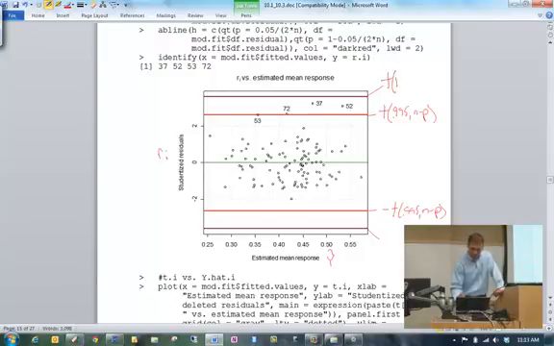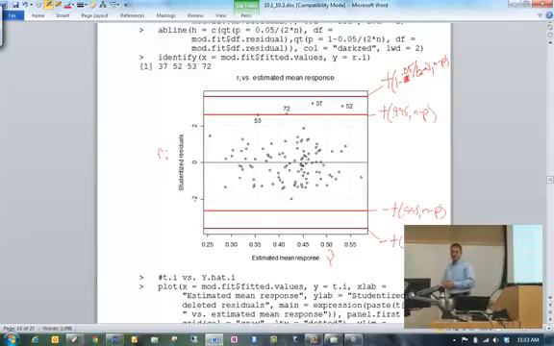So this would be t of 1 minus alpha, I think I used 0.05, divided by 2 times n, and n minus p degrees of freedom. And down here we just have the negative version of it.